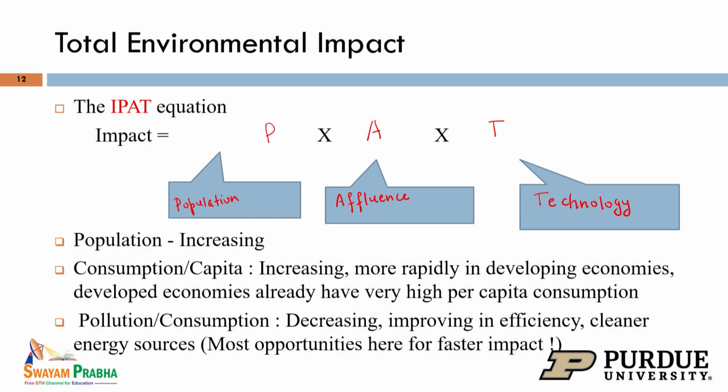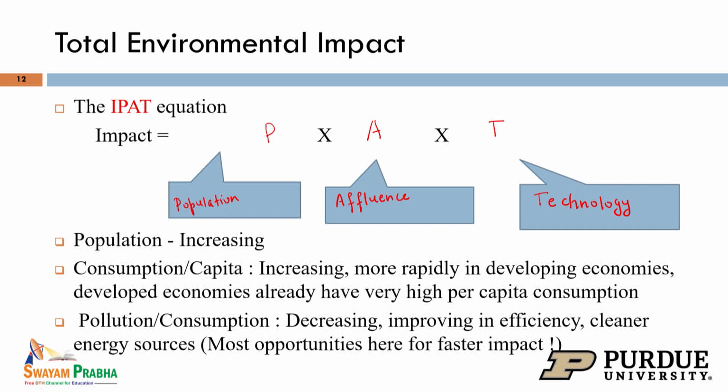So, the first component of our IPAT equation is population, and in most general terms, globally the population is increasing. The second one is affluence, which is basically talking about how we are increasing our consumption per capita. The consumption per capita is mainly how much we are consuming per person in any region.